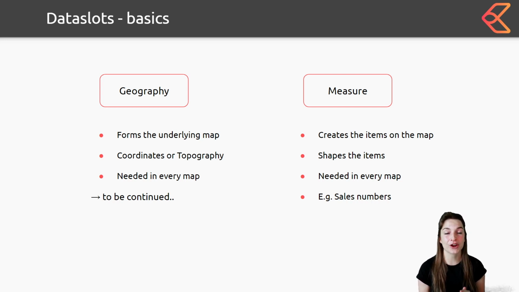Secondly, we have our measure data slot. Here you can drag and drop your sales numbers, for example, and that will actually create different items on the map, give them the colors, and shape them in the right shape, and that's also needed in every map. So these 2 data slots are the basics to create a map and will give you a lot of insights already.